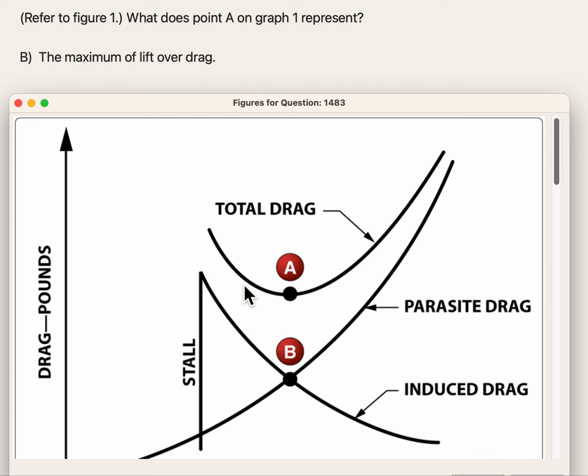Neither induced drag nor parasite drag are at a minimum at point A, because increasing airspeed from point A will decrease induced drag, so induced drag will decrease, and decreasing airspeed from point A will decrease parasite drag.